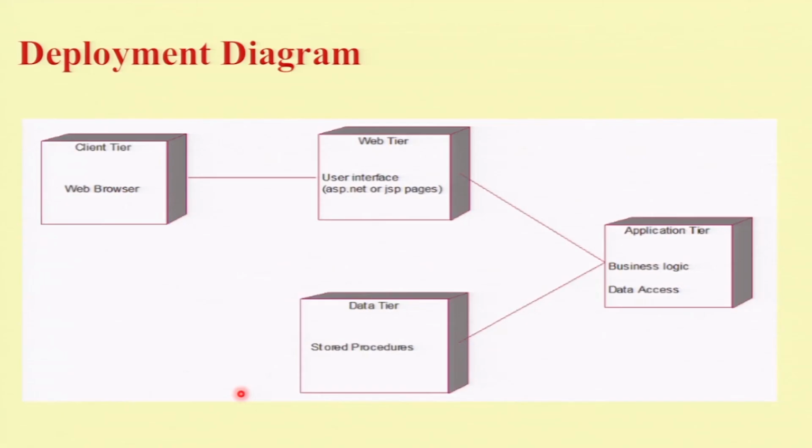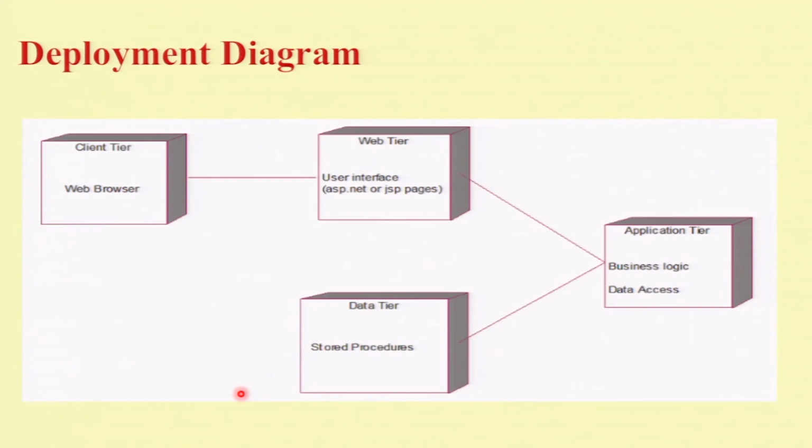This application tier deals with the business logic and data access. And you have a data tier wherein all your book details will be stored in the database, stored as procedures, that is called stored procedures. So these are the tiers that are represented in the deployment diagram.